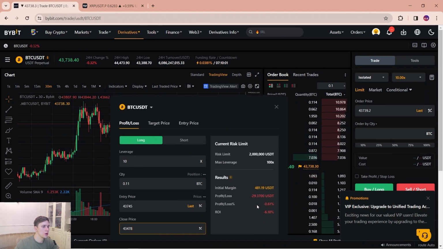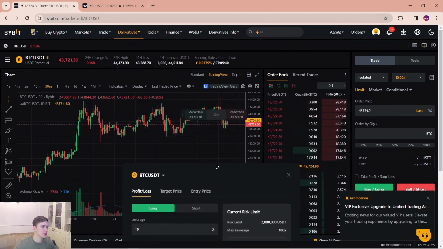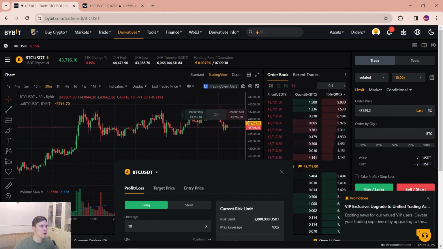43,478. So we calculated that our initial margin will be 481, and our loss, in case of a stop loss hit, will be $29. It will be a 0.6% stop loss. Okay, and what about our potential profit? We are expecting the over high of the previous maximum.